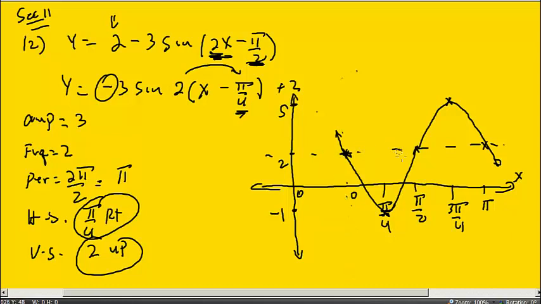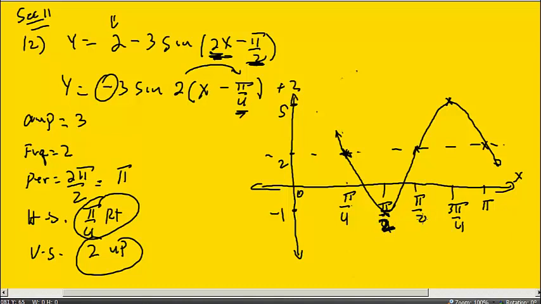But I have to change the other x values too, so I have to add pi over 4 to everything. So when I add pi over 4 to 0, this is no longer 0, that will be pi over 4. And then when I add pi over 4 to pi over 4, this is going to be pi over 2.